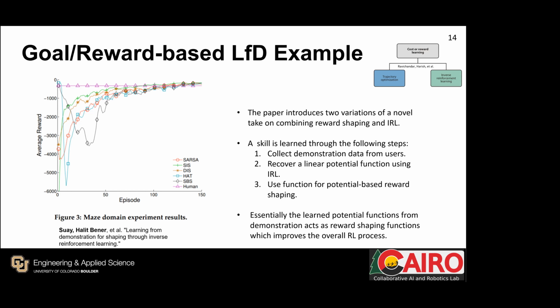The learning process is as such: you collect a set of demonstration data from users, and then you recover a linear potential function using inverse reinforcement learning that becomes this reward shaping potential function. Then you use that potential function to shape the learning process for a traditional reinforcement learning episode.